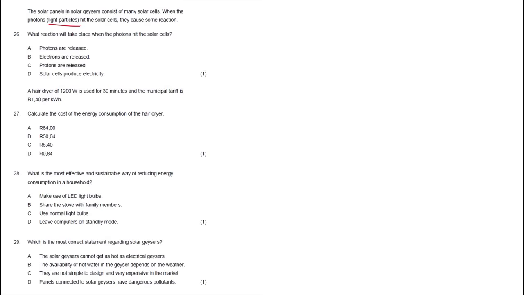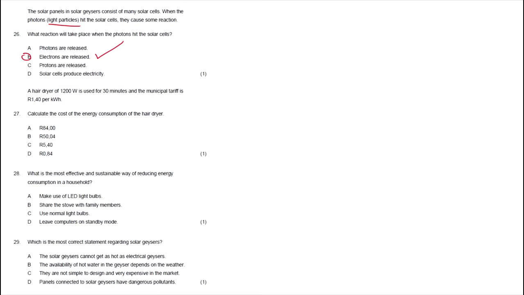Now the question asks what reaction will take place when the photons hit the solar cells. We know that light knocks electrons loose in solar cells. The correct answer will be B, which is that electrons are then released.